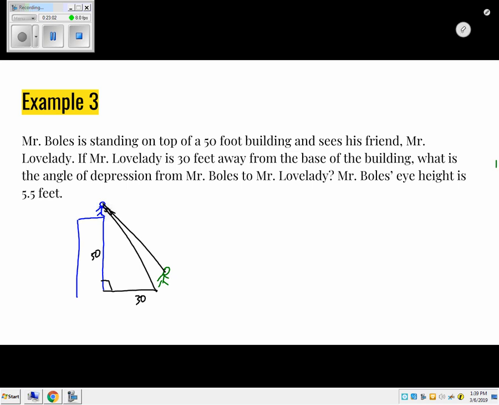Ah, I can't wear the red ones anymore. You guys make fun of me. So the question is, which angle do I want? This one? You guys agree?